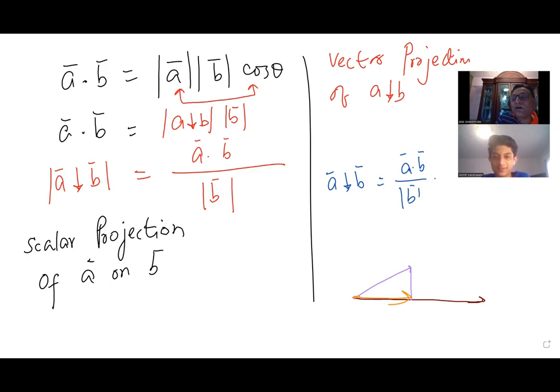So what do I have to put here? So you would put B over the magnitude of B. Perfect. Unit vector along vector B, which is the vector B itself divided by its magnitude. Do you get this?